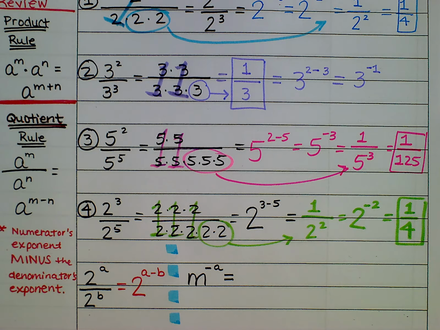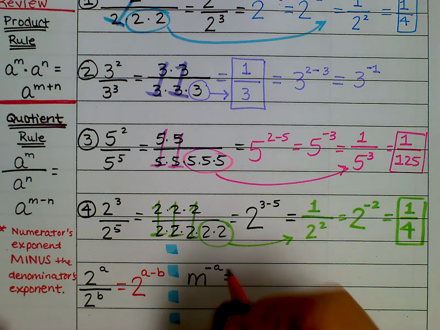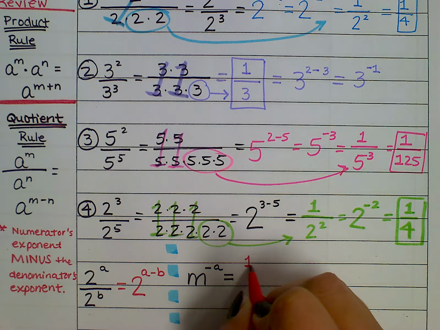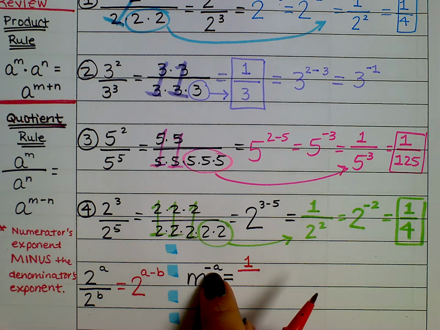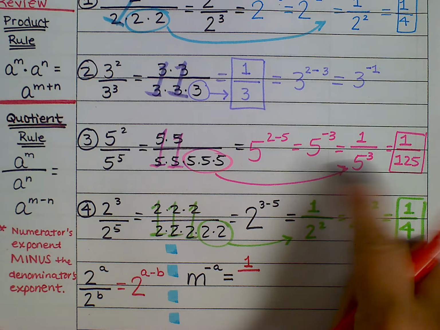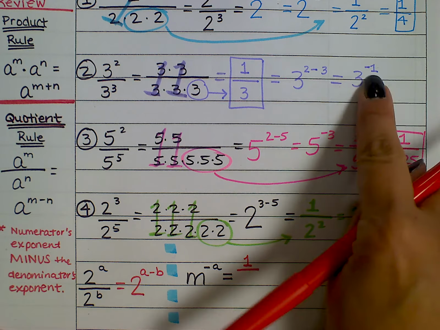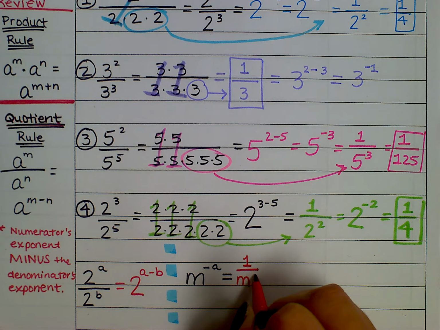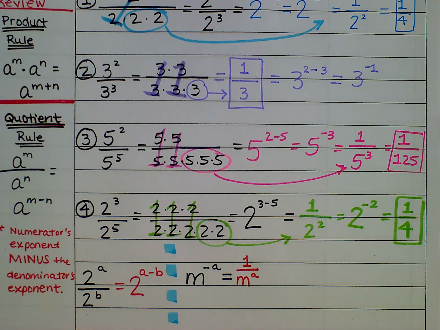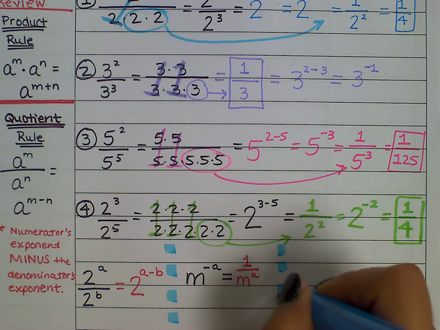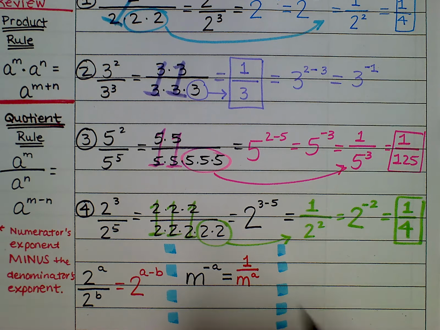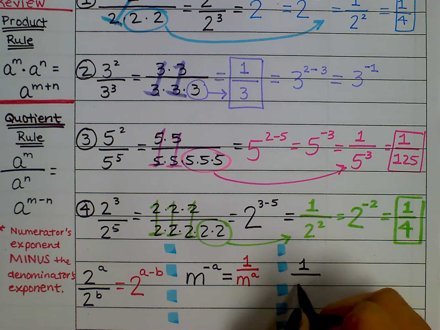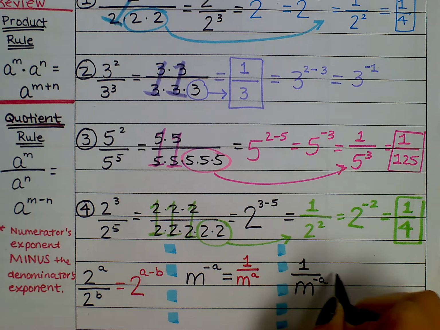Now, this one gave you guys a little bit of trouble, and I think the word that I kept on hearing was inverse. And I really like that word for this case here because what we do is every time we had a negative number, to make it positive, I kept throwing it down into the denominator. So I'm going to say 1 over m to the power of positive a. Now let's try, how about 1 over m to the power of negative a.